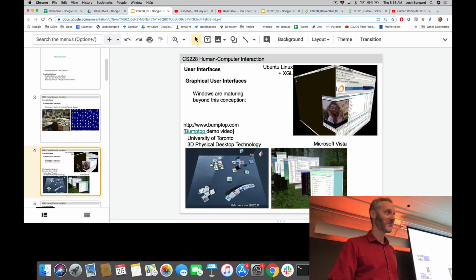Question? I don't feel like this one because in my mind this is very computationally intensive, so the device is not enough for such a scene. Absolutely, right? So you can imagine that Bumptop is very computationally expensive to begin with.